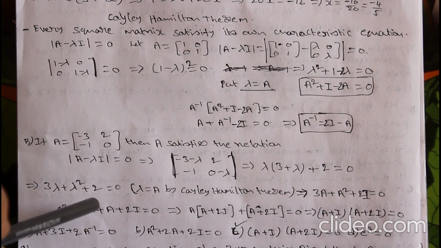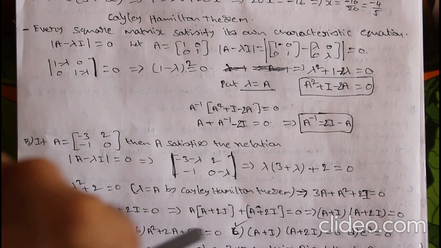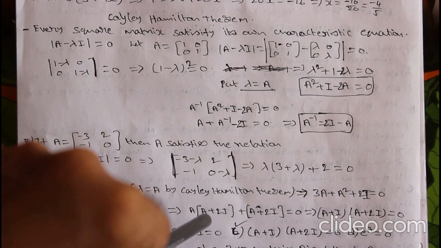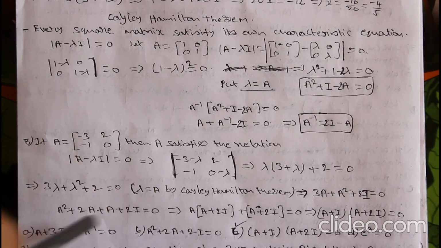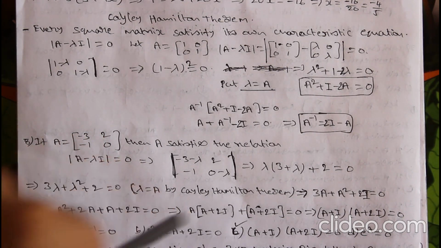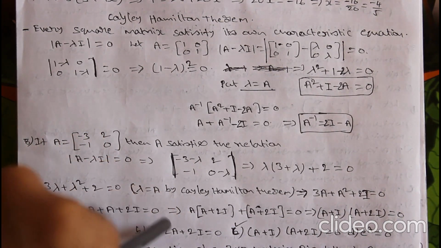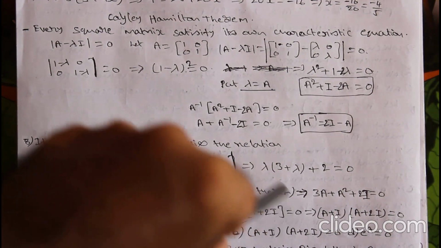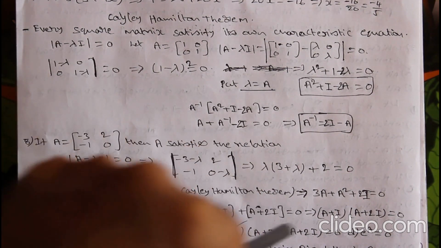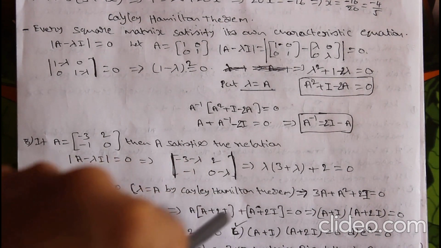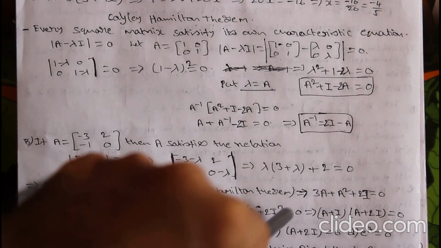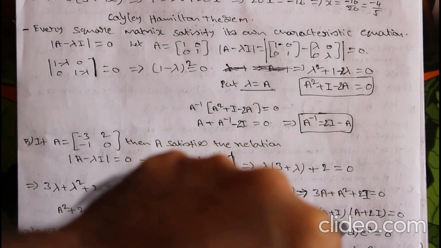From the first two terms, bring the factor A outside: A into A plus 2I, plus A plus 2I. Bring out A plus 2I again: A plus 2I into A plus I is equal to 0.